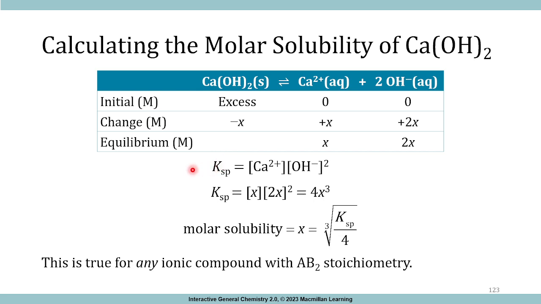So I go ahead and write out my expression. My KSP equals the concentration of calcium times the concentration of hydroxide squared. I'm going to go ahead and substitute these x's in, so x and 2x. Now notice this 2x is squared. Now, don't get scared and confused.